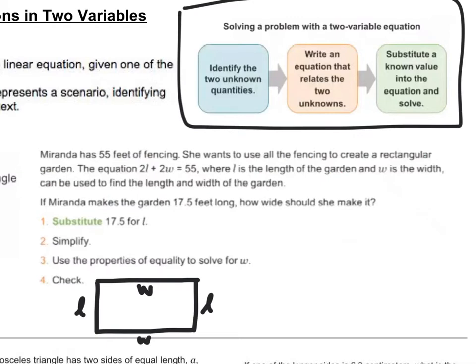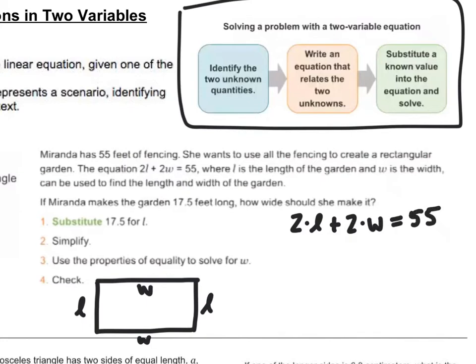So with these two widths, that's where we get the 2W. Get the two L's, that's where I get the 2L. All right, so when I have that, I add all of those up, I should get 55. Okay, so I'm going to rewrite my formula down here, my equation. I've got 2 times L plus 2 times W, and that's going to give me 55.